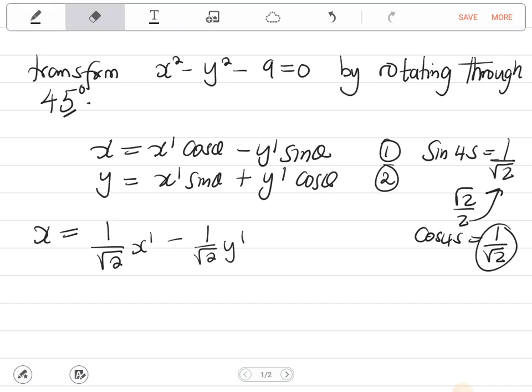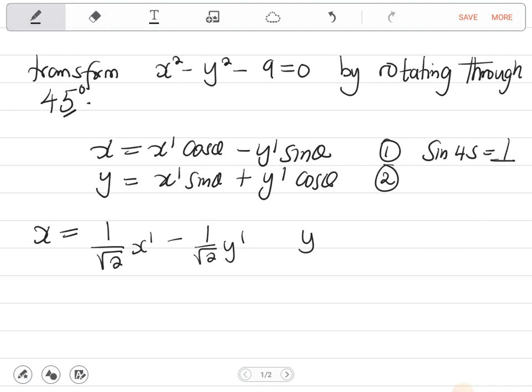Okay, let me just get rid of this part here, and the y becomes 1 over root of 2 x prime plus 1 over root of 2 y prime, just like that, and we are good to go, ladies and gentlemen. So we have x, we have y. Let us plug in the equation. Okay, let's now substitute. Let's go.